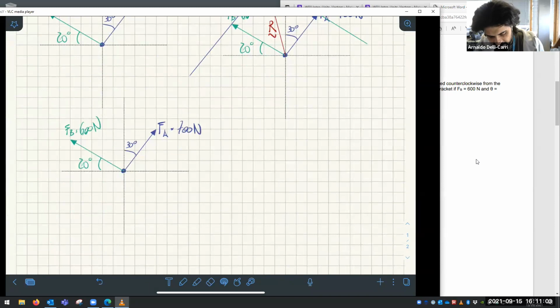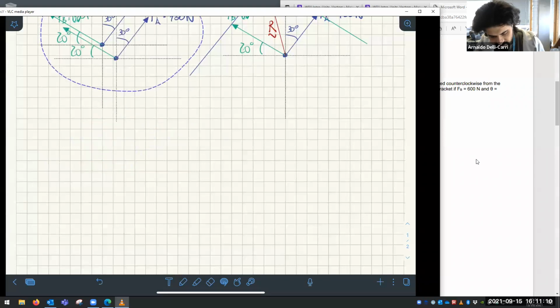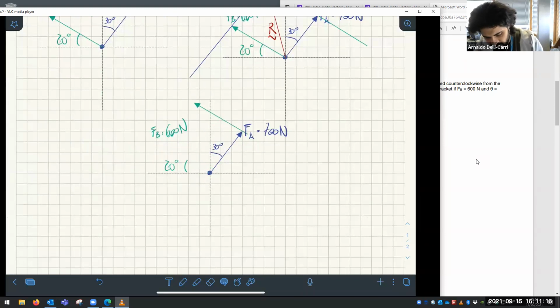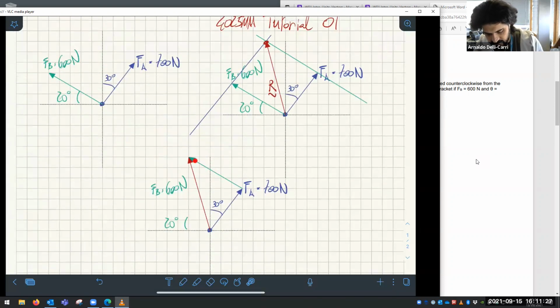Let's move FB on top of FA, and then my resultant is just this one, which is exactly the same. See, it's exactly the same vector I've drawn earlier. See, this and this are exactly the same.